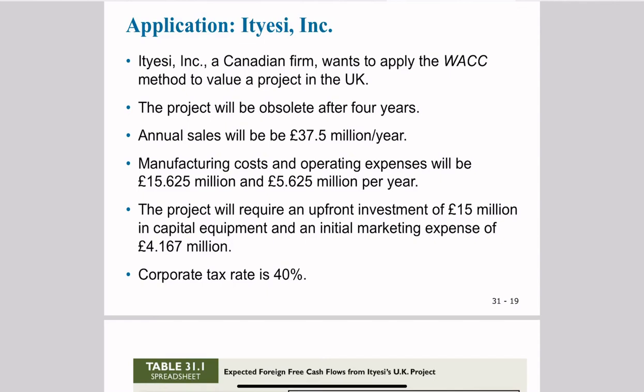So let's say the project only has a life of 4 years. The annual sales will be 37.5 million pounds per year. And the manufacturing costs and operating expenses will be $15.625 million per year and $5.625 million per year.